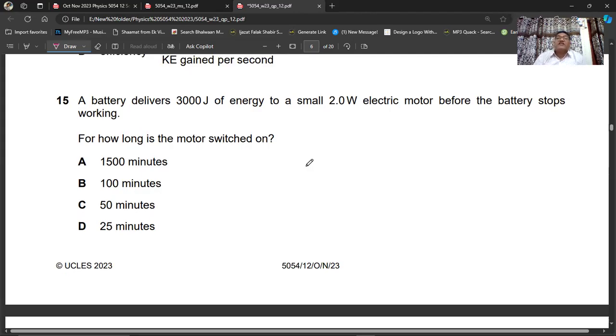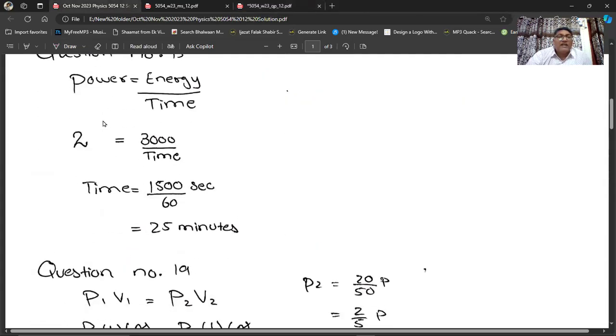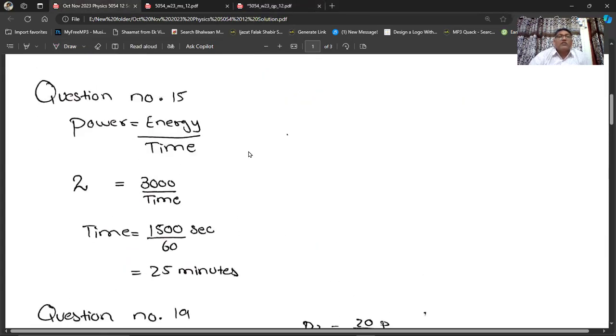You know the power is equal to the energy divided by time. So from that formula, we can calculate the time. The power is 2 and the time is the question. Energy is 3000. So 2 equals 3000 divided by time. So time will be equal to 3000 divided by 2.